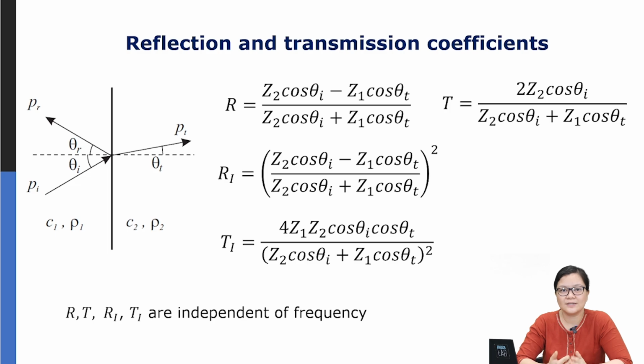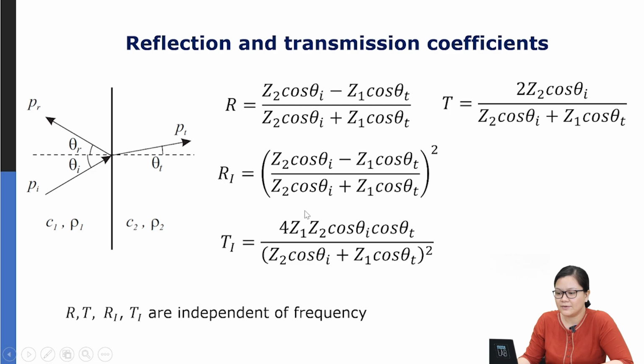We can also quantify the reflection and transmission coefficients in this type of scenario. So here I show the equations. I'm not going to derive the entire expressions here. But what you can see is that the reflection and transmission coefficients are defined by the angles of incidence as well as the angles of transmission here.